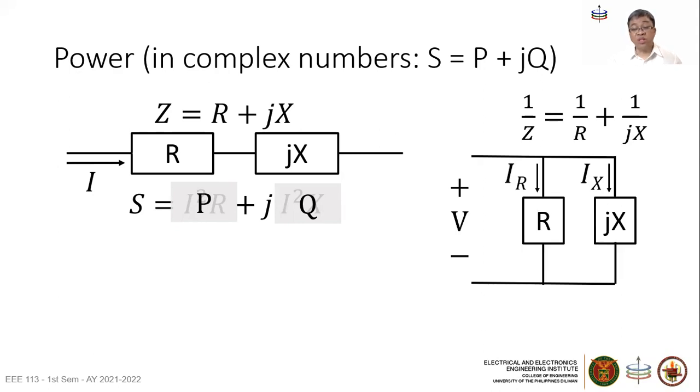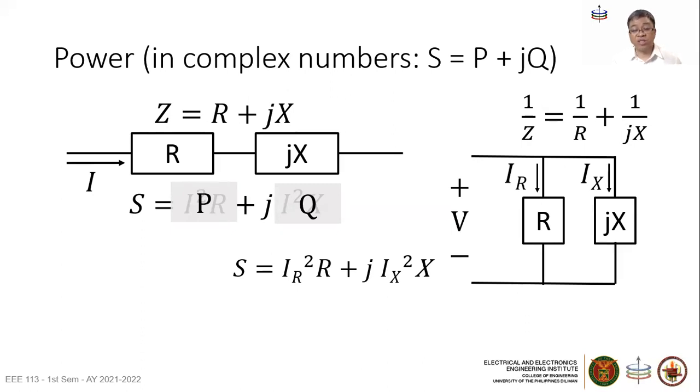If we have two devices in parallel, that's R plus jX. If you combine them, that's the equivalent impedance over there. But we know that the same voltage is present across both R and jX there. So we can write, again, power as I squared R here and I squared X here.